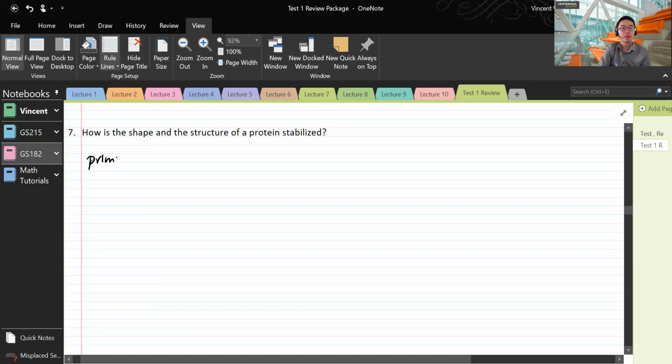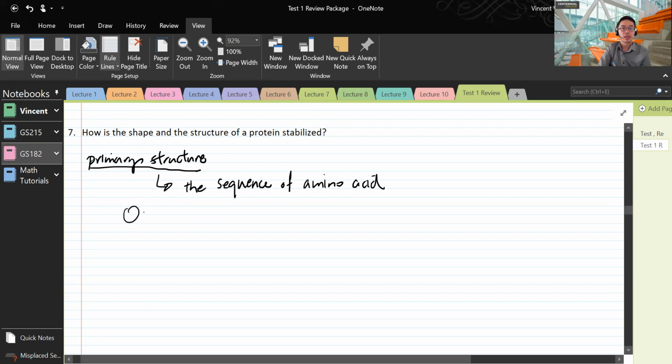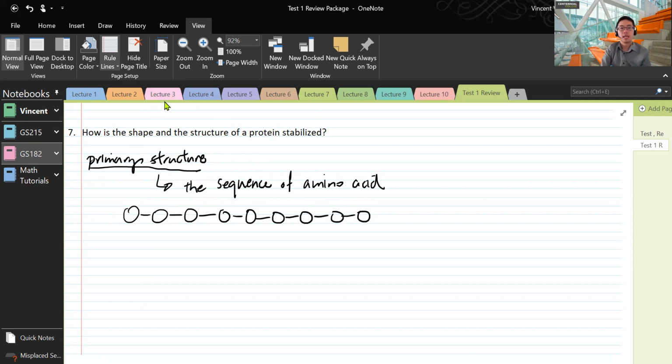The primary structure is the linear sequence of amino acids. If you read the amino acids from one end to another, that sequence that you read out is the primary structure.